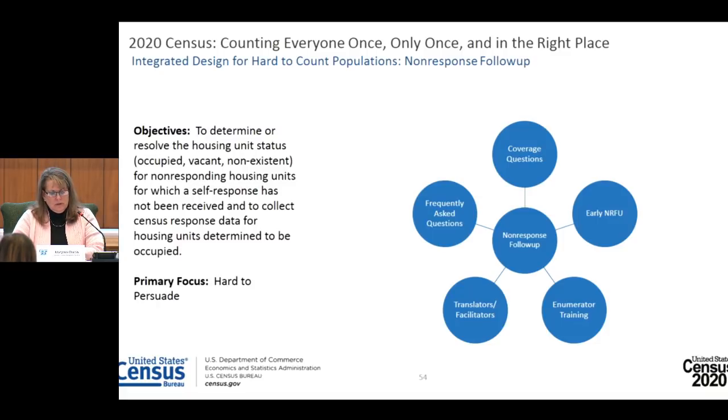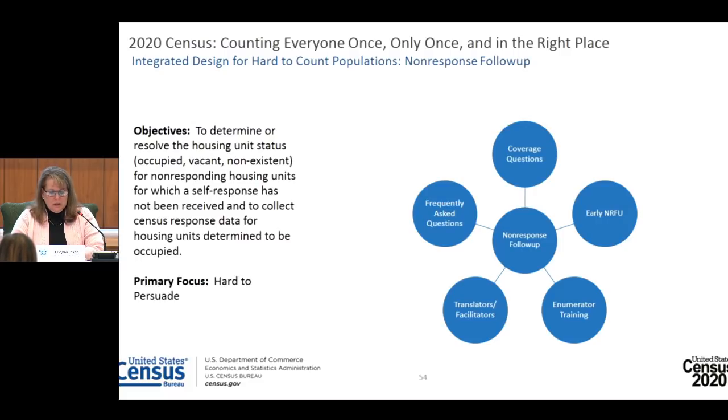In these select geographic areas, we will begin non-response follow-up in early April. Enumerating non-responding housing units in these areas will increase the opportunity for students and faculty to be counted where they lived on Census Day before they may leave for the summer to return to their families, take internships elsewhere, and various other things.